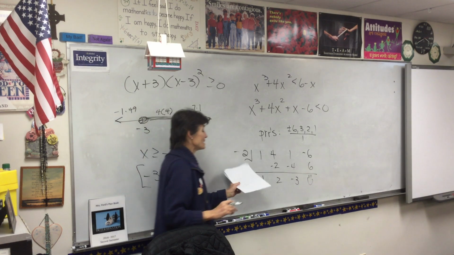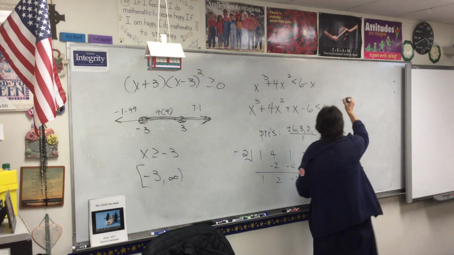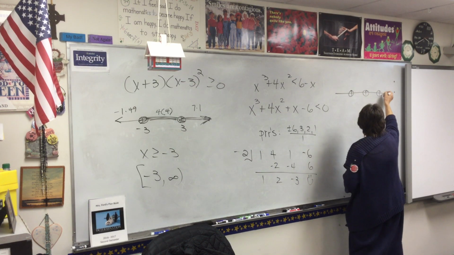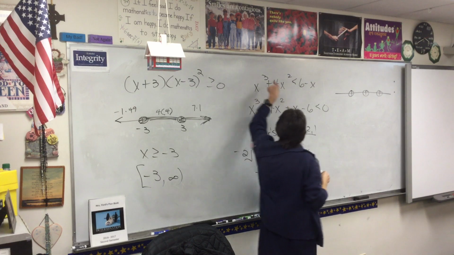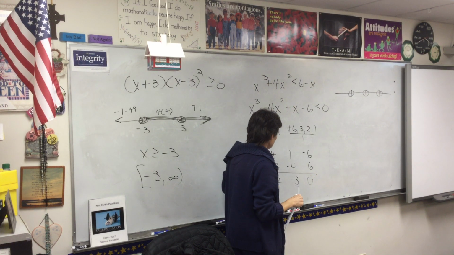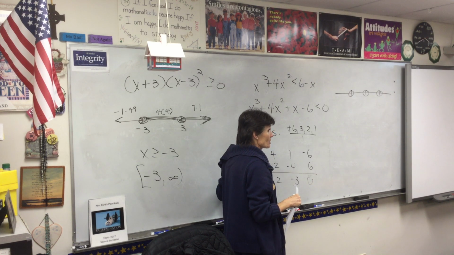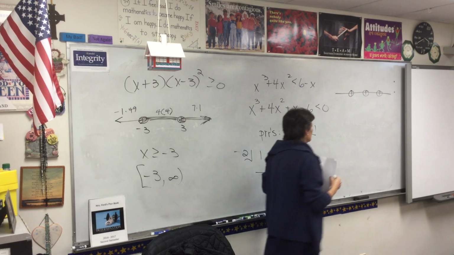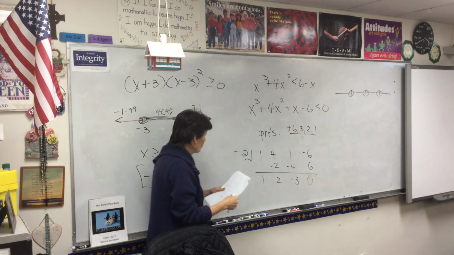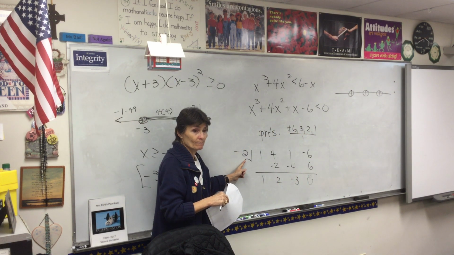Now, what does that mean? That means that on my number line, which is going to have 3 dots, one of the dots is going to be at negative 2. Well, I don't know what the other ones are, so I'm going to wait a minute. But one of the dots is going to be negative 2.